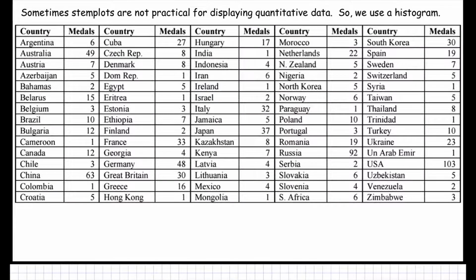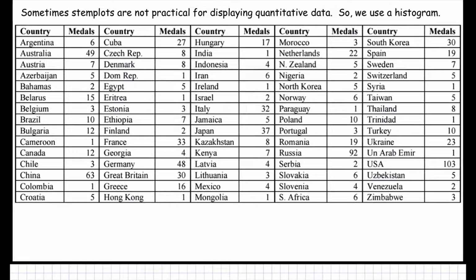The data shows a whole mess of countries and the medals they won at, I believe, the last Olympics. I'm not sure which Olympics this was, 2020 or 2021, I can't remember.